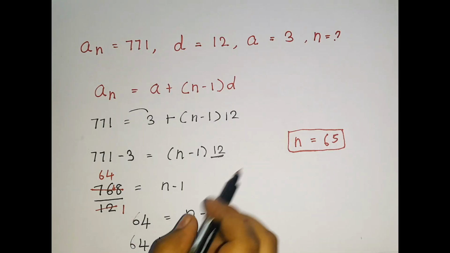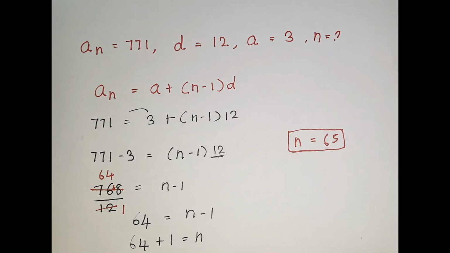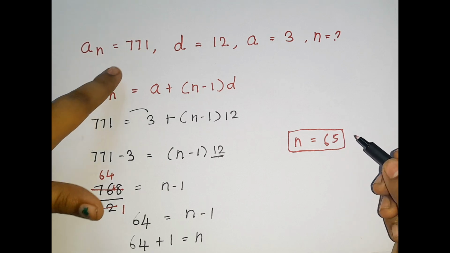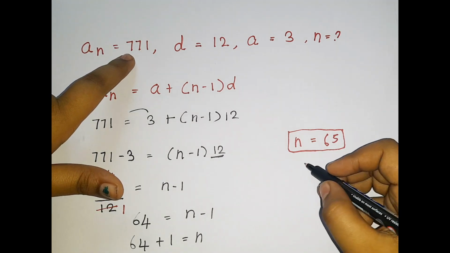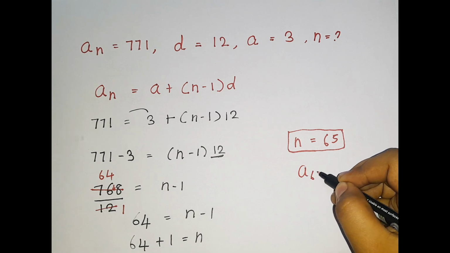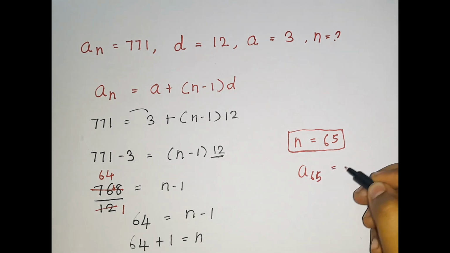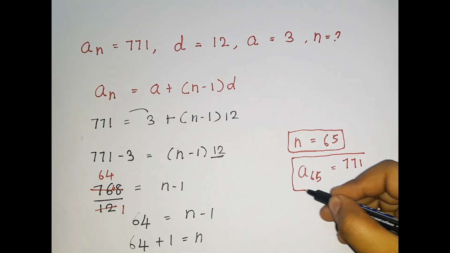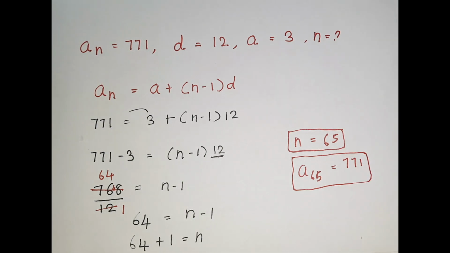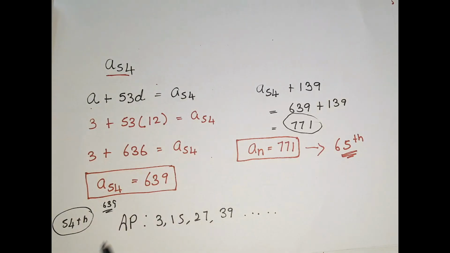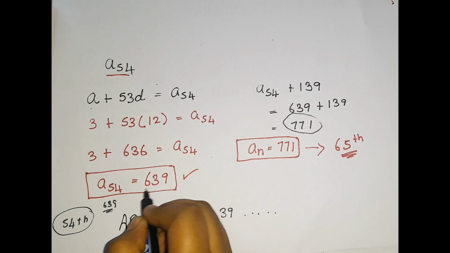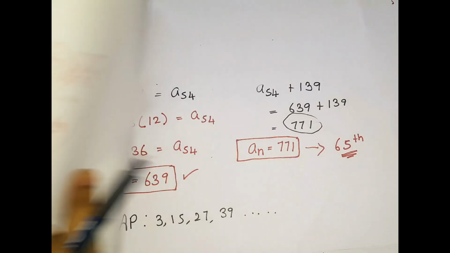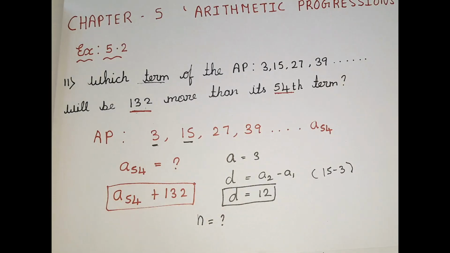So now we got n is equal to 65. For what purpose did we apply this formula? To find in which term we'll get 771. Likewise, in the 65th term I have 771. So we know in the 54th term we get 639, and in the 65th term we get 771. This is what we are supposed to find.